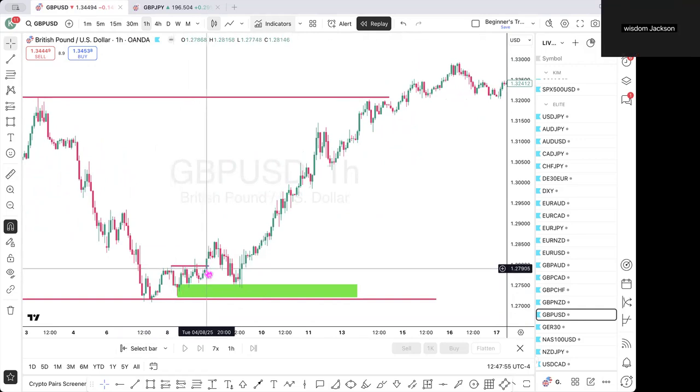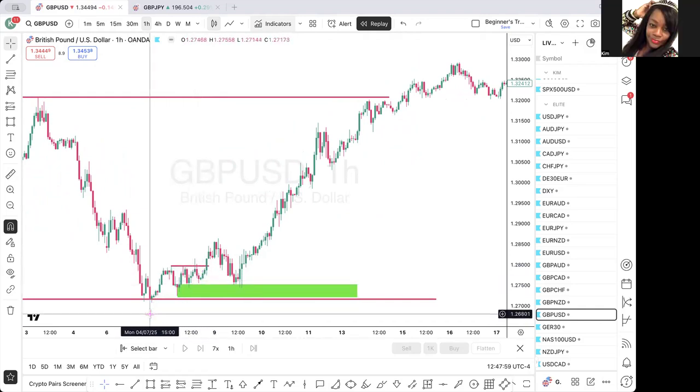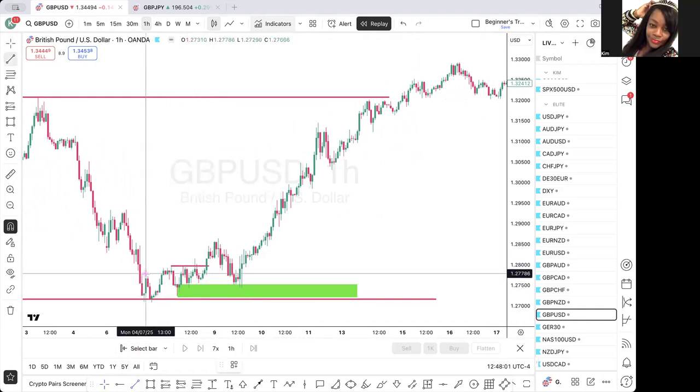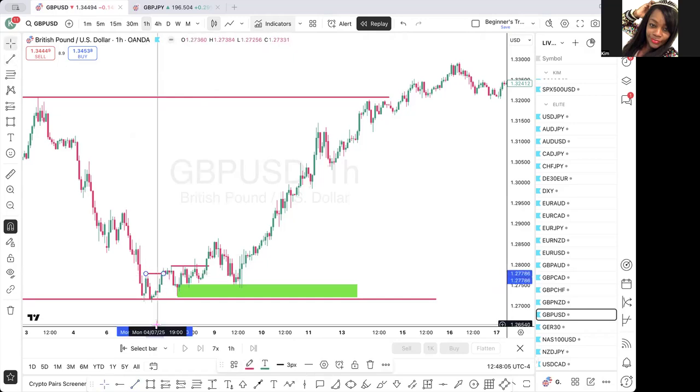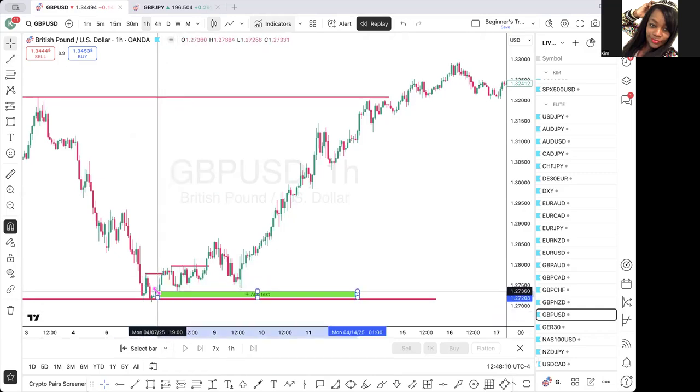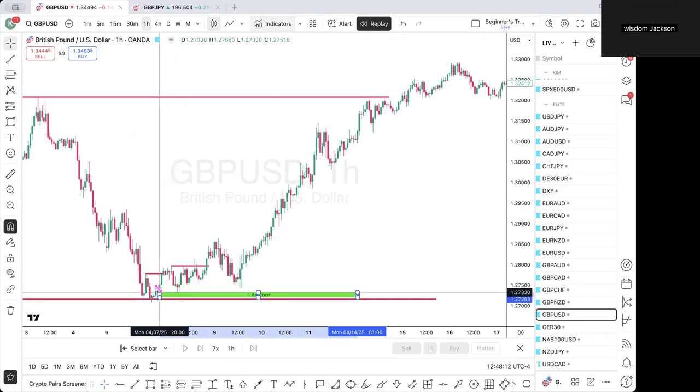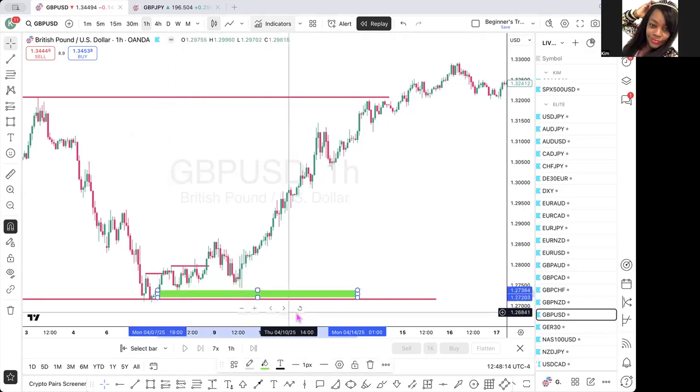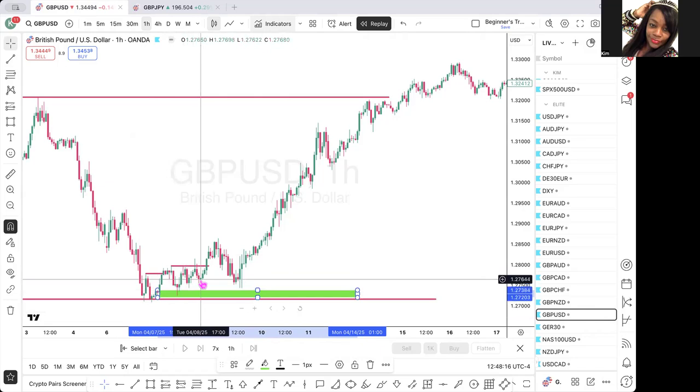But I thought you needed the change of character before. So this wasn't the change for me. Most people would have considered that the change of character, and that's okay if that's what your trading plan says. And then this was the imbalance demand zone right here that you could have gotten into.